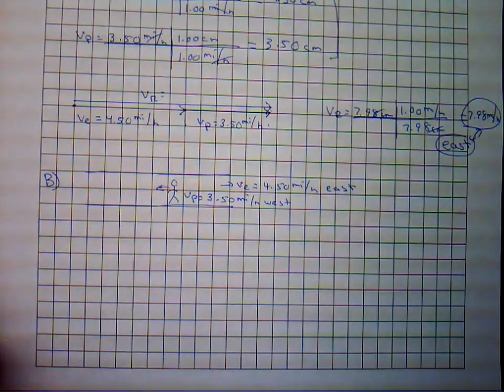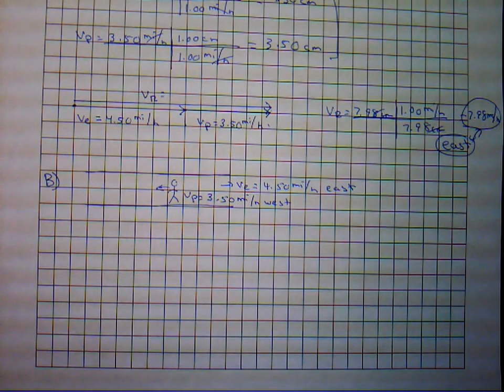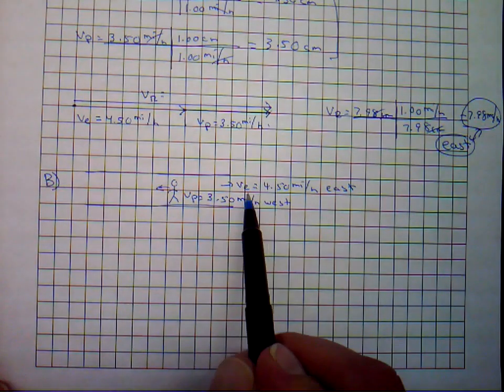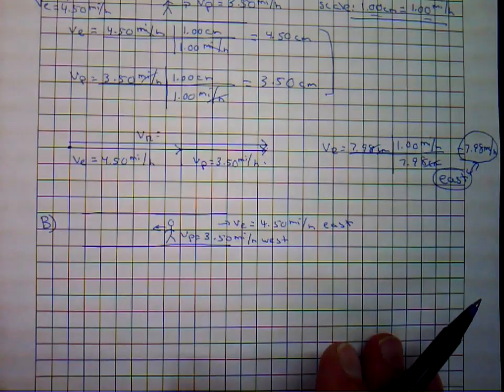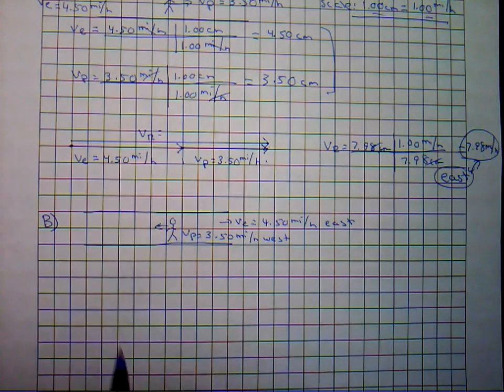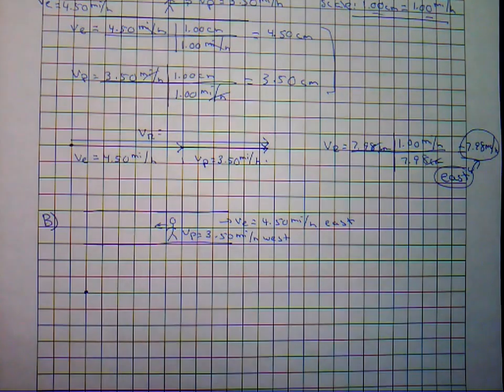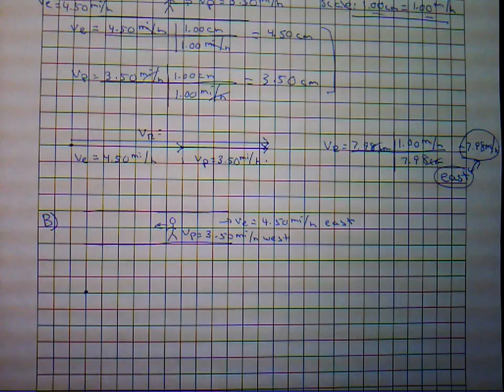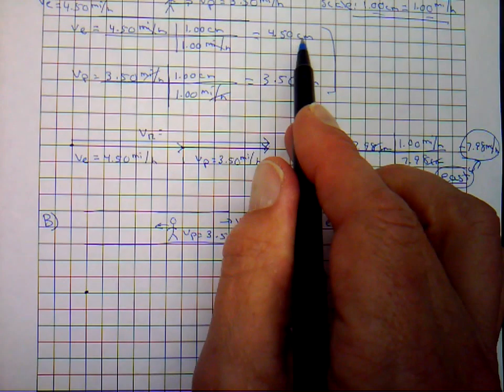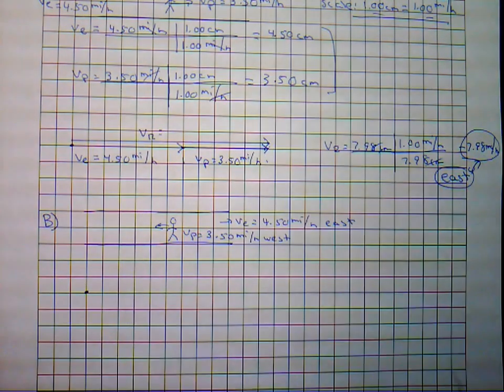It doesn't matter what vector you add first. Since I started with the velocity of the escalator first in the previous problem, I'm going to draw the velocity of the escalator in this problem. I'm going to start right here. The velocity of the escalator is going to be 4.50 centimeters for the magnitude of the vector, and that vector is going east.